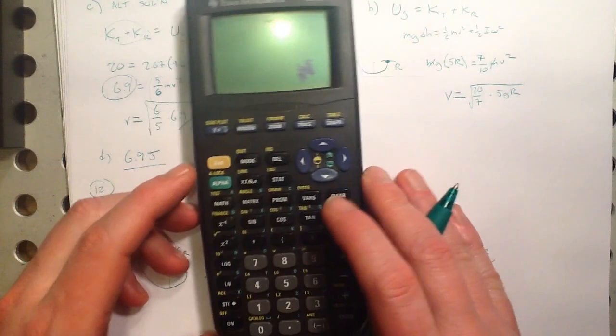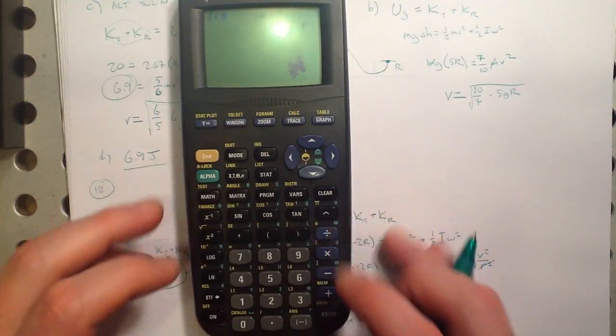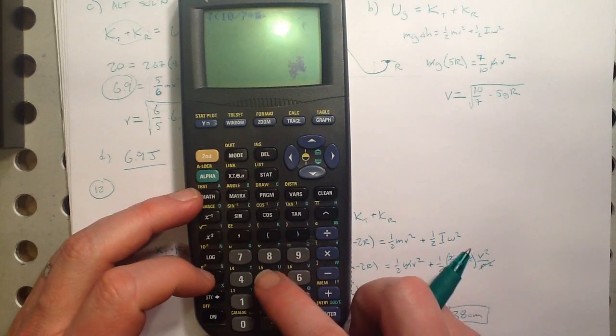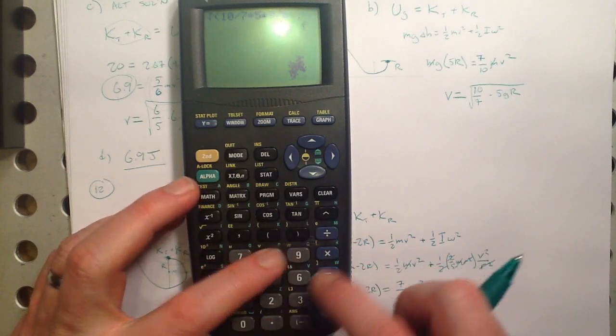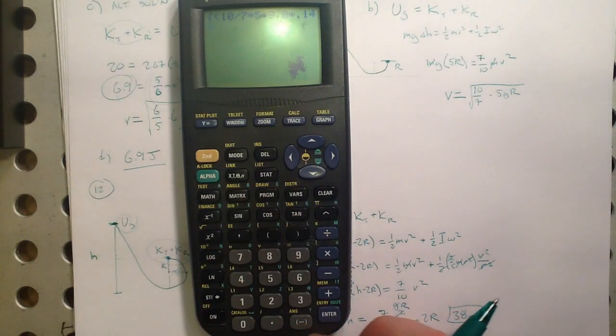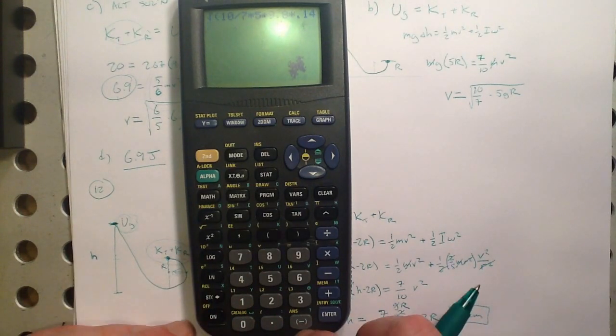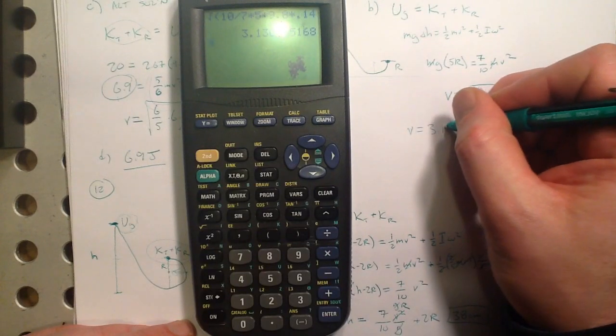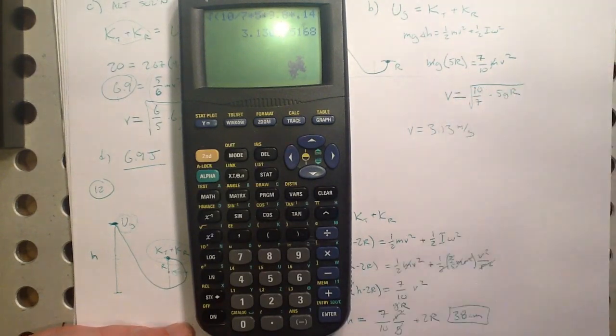All right, so square root of 10/7 times 5 times 9.8 times the radius, which is 14 centimeters. So it looks like it'll be going 3.13 meters per second, or thereabouts.